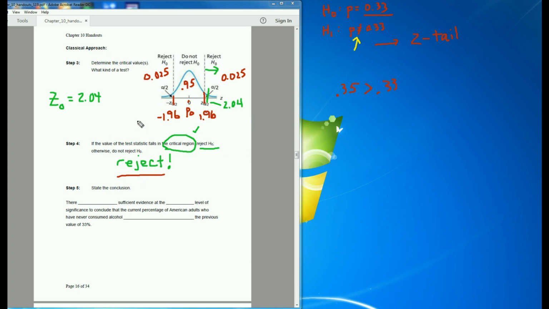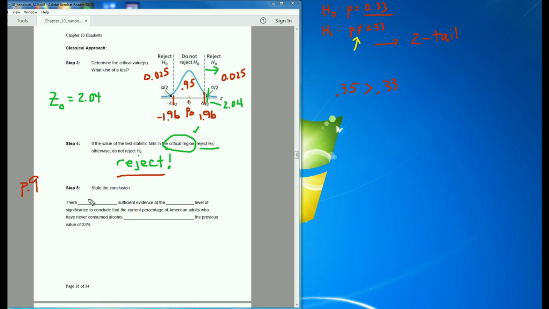All right, so we've done the test, we've rejected the null hypothesis. Now we want to state our conclusion. Again, you can refer back to page 9 in the notes where we went over the specific wording on how to do this.